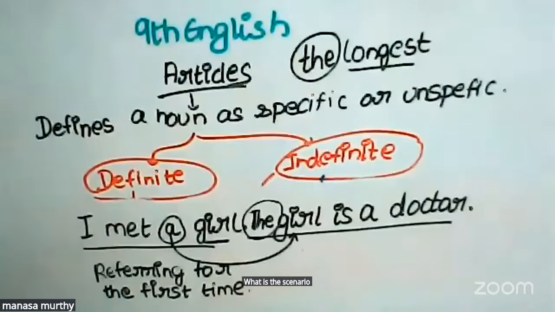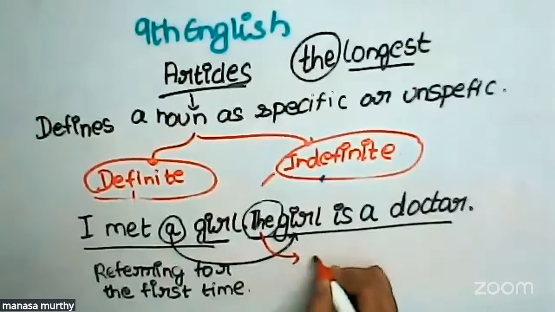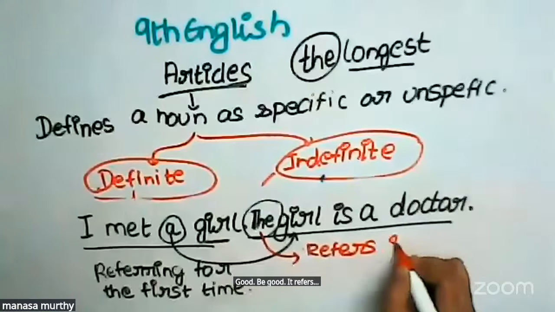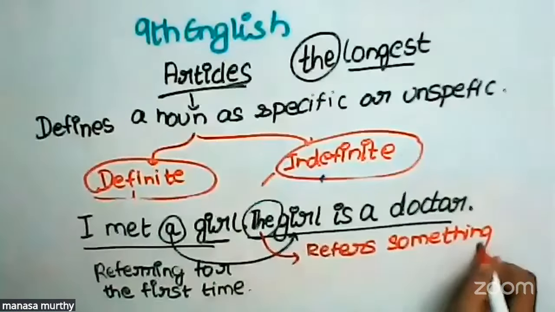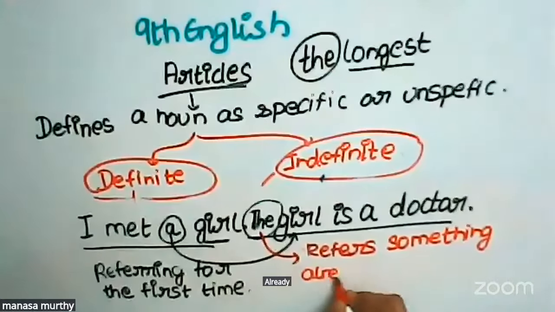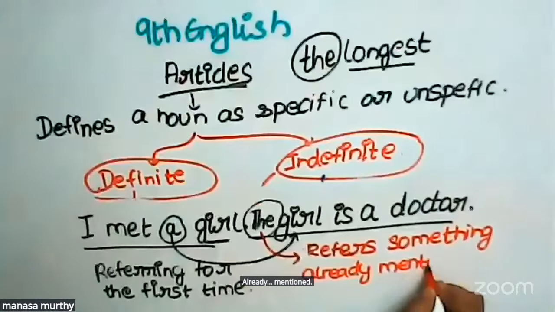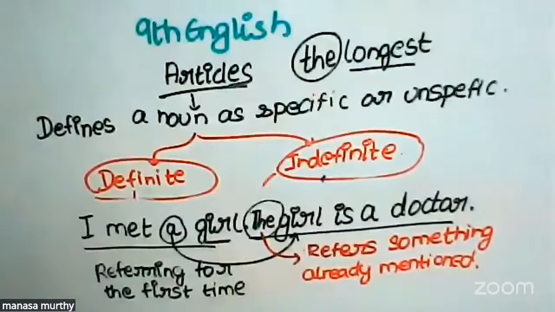You are already knowing about it. Here, the girl refers to something already mentioned. I've already mentioned about this girl, and about this girl, I'm telling over here.